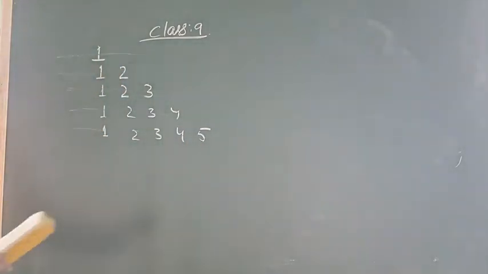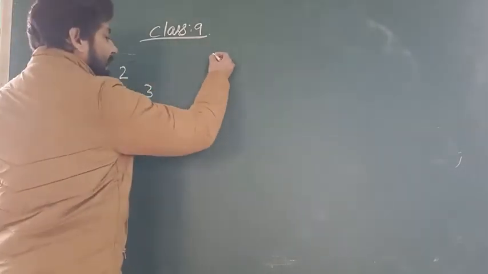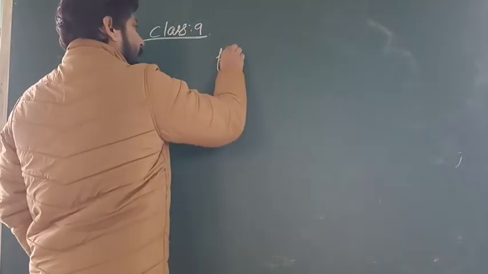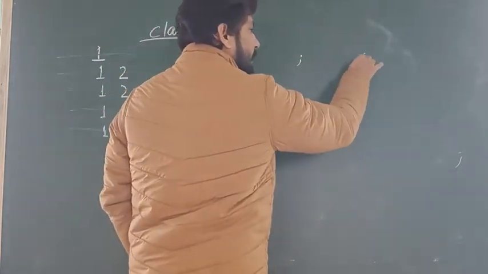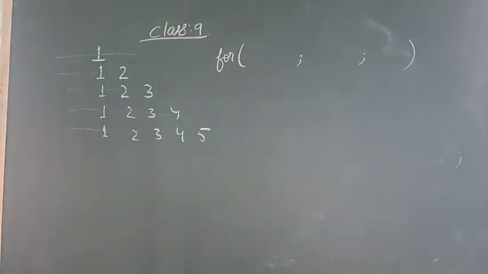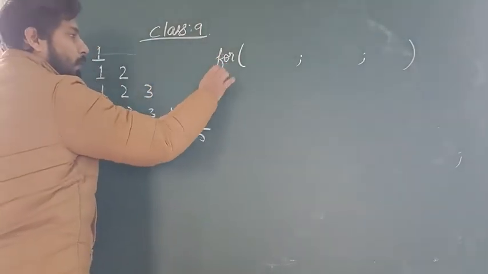How to execute it? There is one solving trick. First, just write the syntax of it. For the outer loop there will be initialization, then condition, then updation.